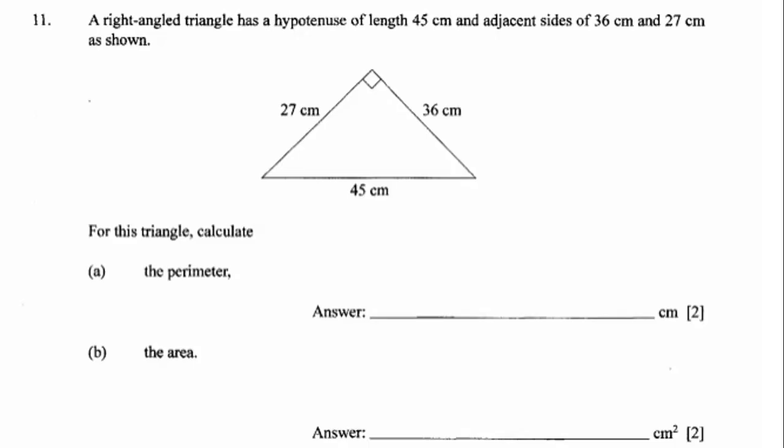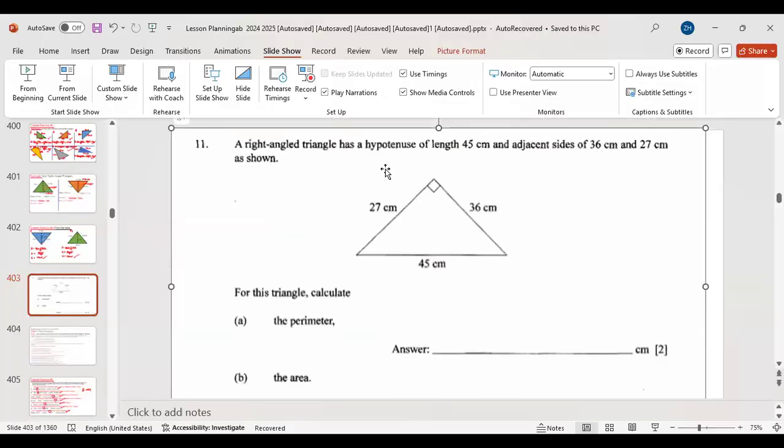A right angle triangle has a hypotenuse of length 45 centimeters and adjacent sides of 36 centimeters and 27 centimeters as is shown.